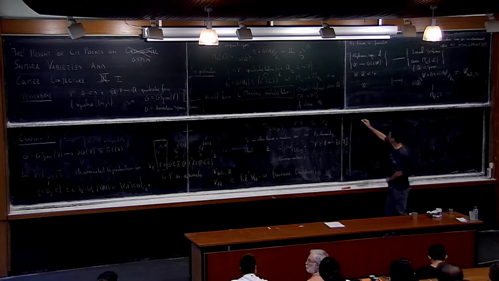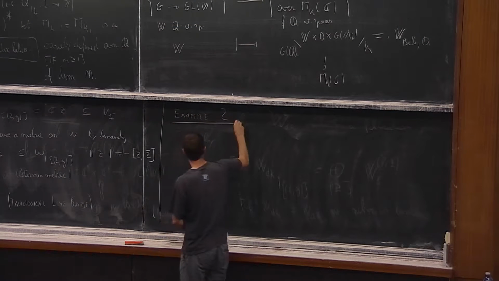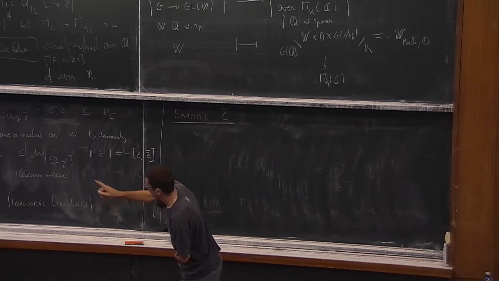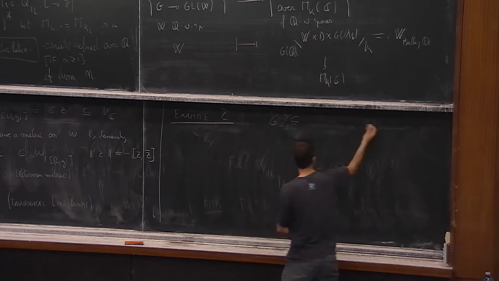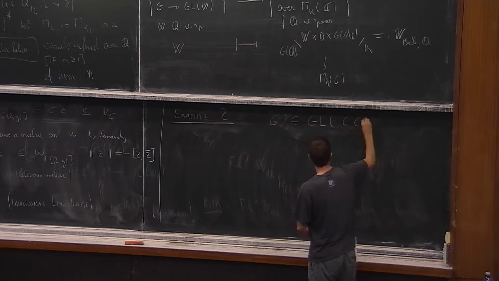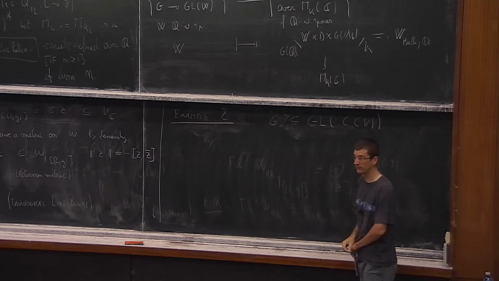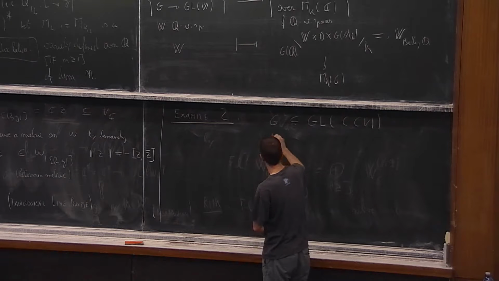I have another example. Because we said that the group G spin can be realized inside the automorphism group of the Clifford algebra. Okay. Here I simply take an element g.